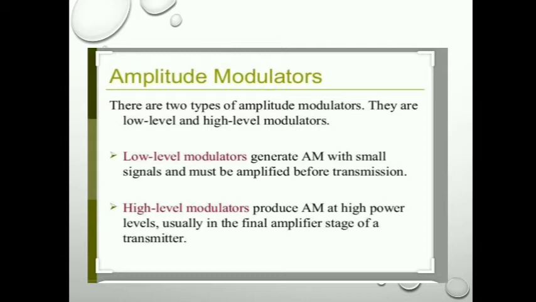The second one is the high level modulator. It produces amplitude modulation at a high power, usually in the final amplifier stage of a transmitter. With the help of the modulators only we can give the output.